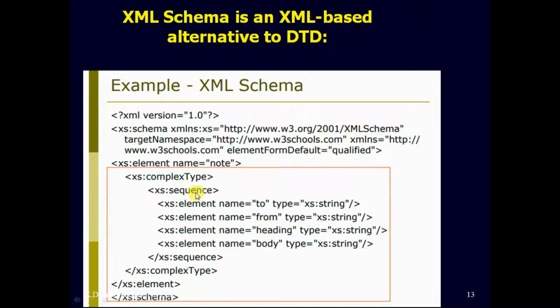Then sequence, we have to give a sequence, which is an order, so whatever the XML has, the names, you have to call that. So like to, from, heading, and body, you have to specify the type also, like element name and element type, right? These are the two attributes for an element, name and type, and whatever elements are there, we have to specify in sequence.